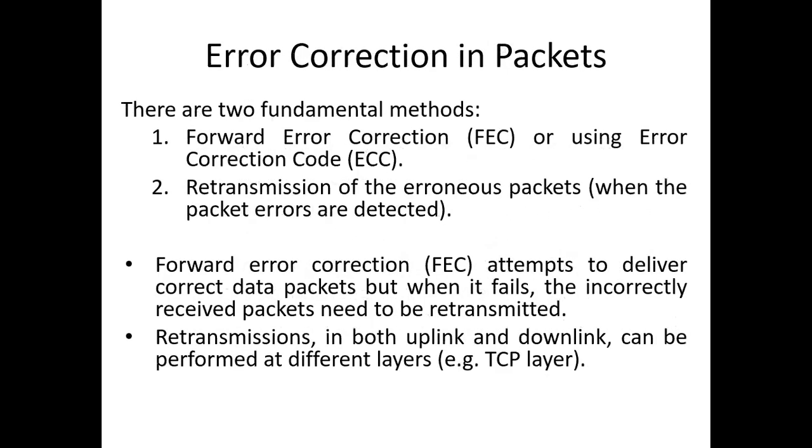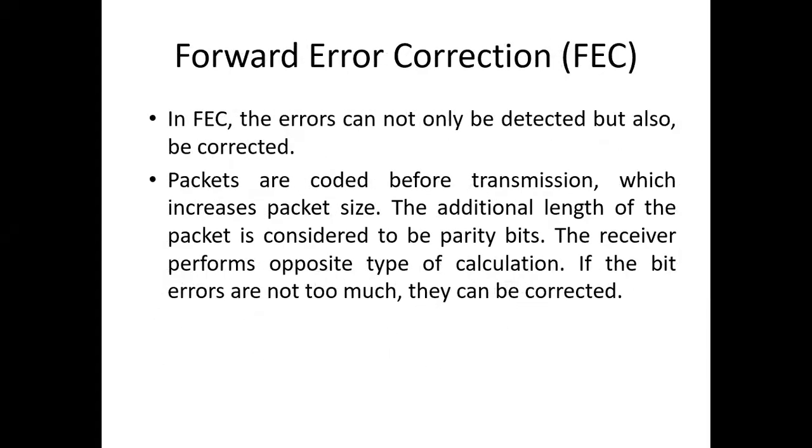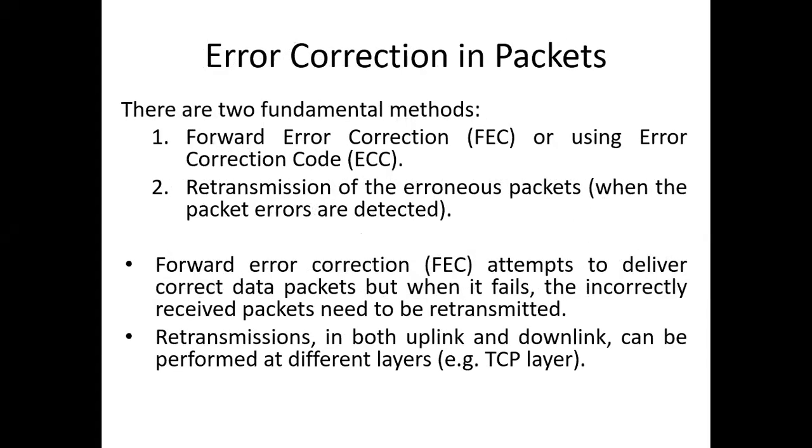But there are more advanced techniques called forward error correction. These are coding, in short called coding or line coding, which use some complex calculation to first detect which bits are in error and also correct them. You may be surprised how I can correct.